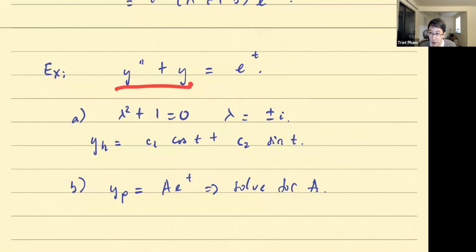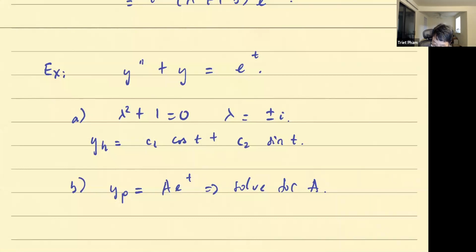If the characteristic equation has complex roots and the right-hand side has an exponential forcing function, is there any worry about coincidence between YP and YH?